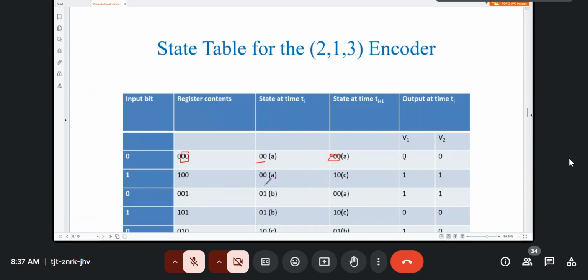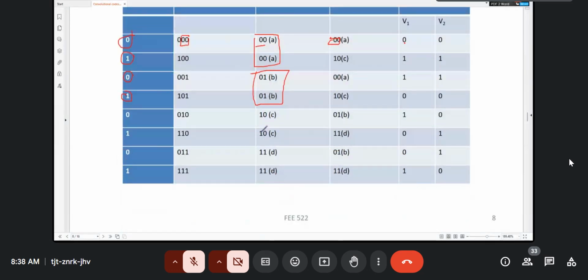Then the easiest way to do the state table is to consider this state A and look at the two possibilities, being a 0 or a 1. Consider state B and look at the two possibilities. Then consider state C and look at the two possibilities.